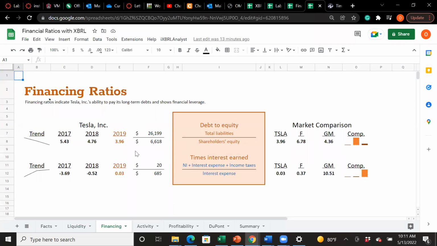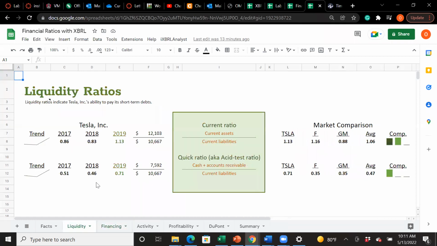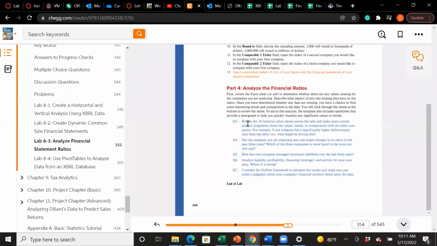I think this is long-term. So I think we could probably look at it from here, just because current ratio and quick ratio both use current liabilities as the denominator. And so we want to look at how a company has managed their current liabilities or short-term liabilities.